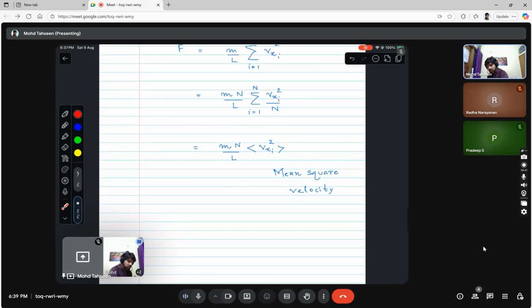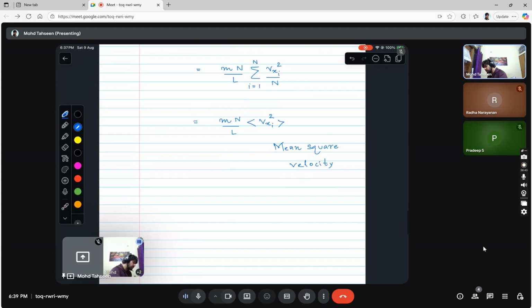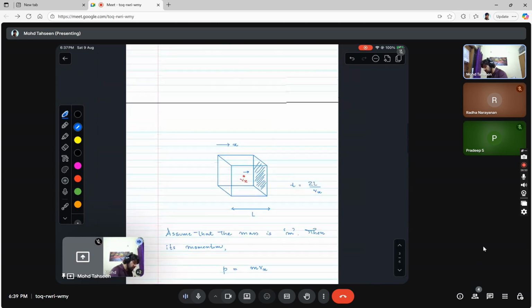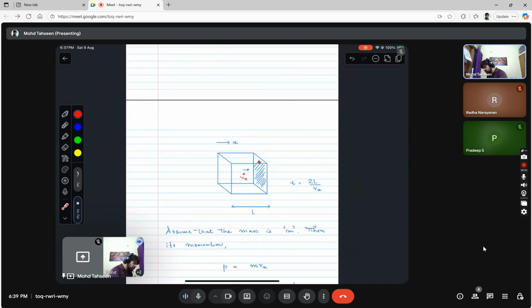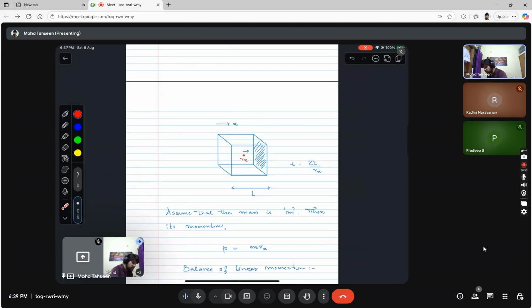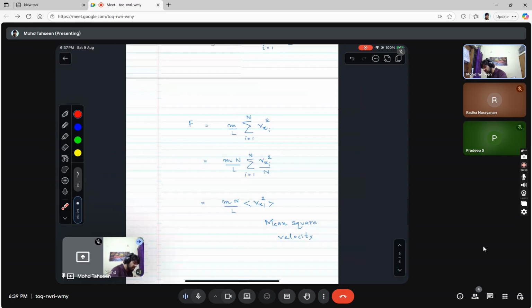So now if we want to calculate the pressure, how do we calculate pressure from force? We just divide it by the cross-sectional area, and in our case the cross-sectional area is going to be L squared, because it's a cube, and in a cube each side has the area L squared.